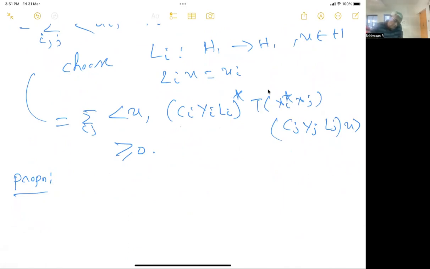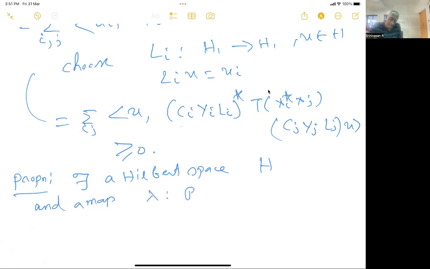Okay, so there exists a Hilbert space H, and a map lambda from B of H1 cross H1.